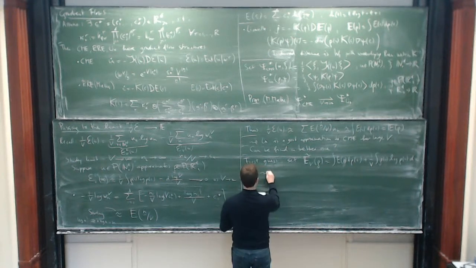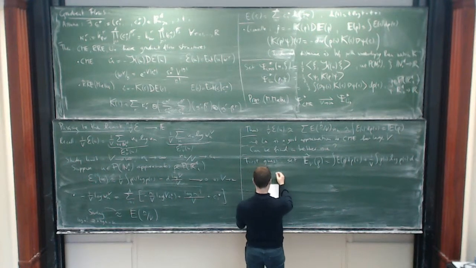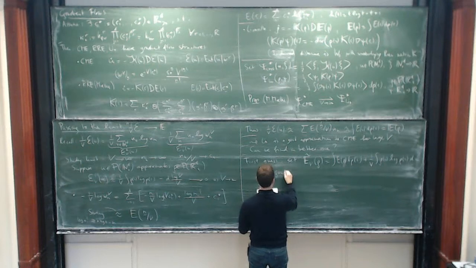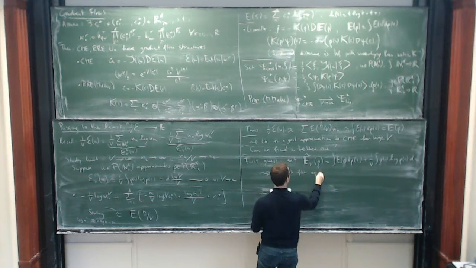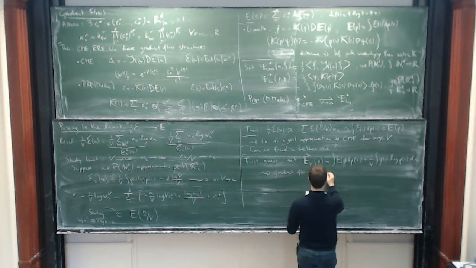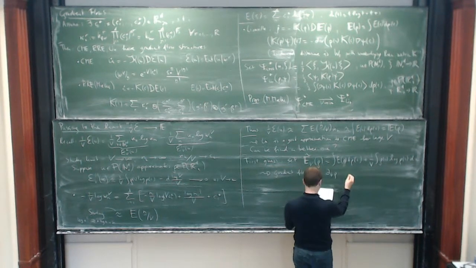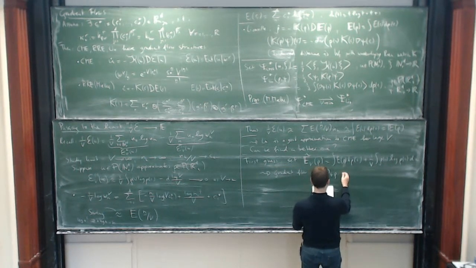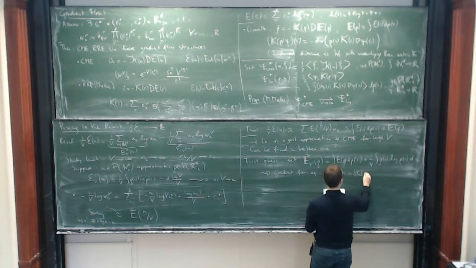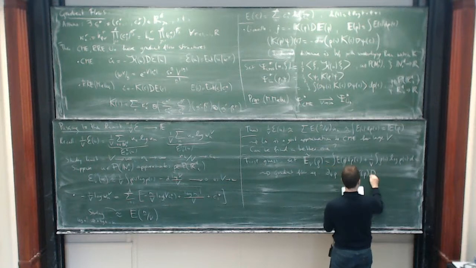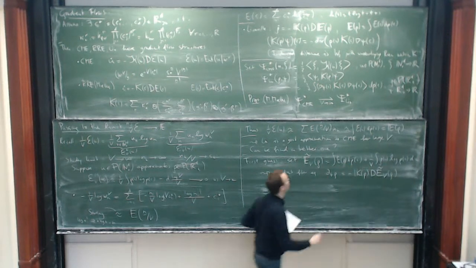So this leads to an associated gradient flow equation, which will be something like this. So dt rho equals minus this K of rho times d of this energy of rho.